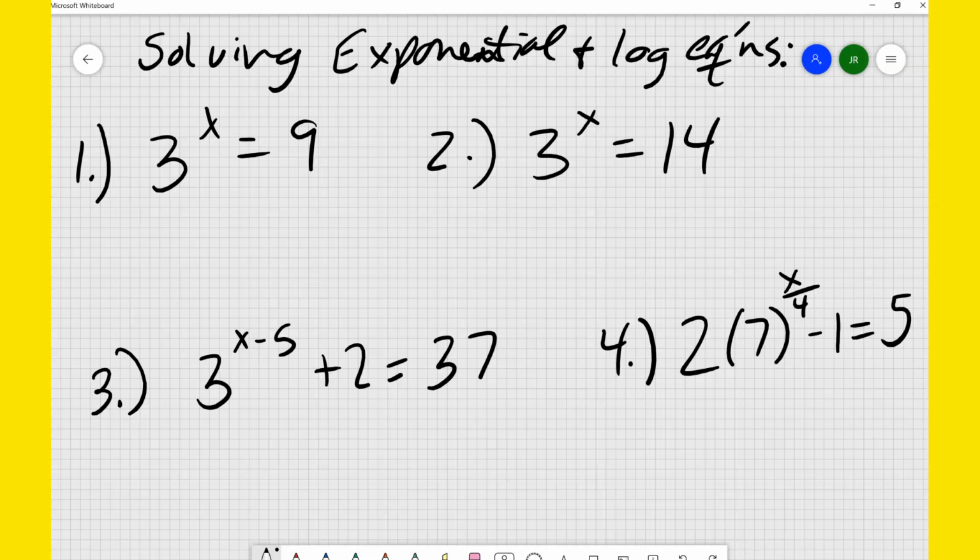How about that? Okay, so number one, you can do that one in your head. You kind of already know what x has to be. X has to be 2.